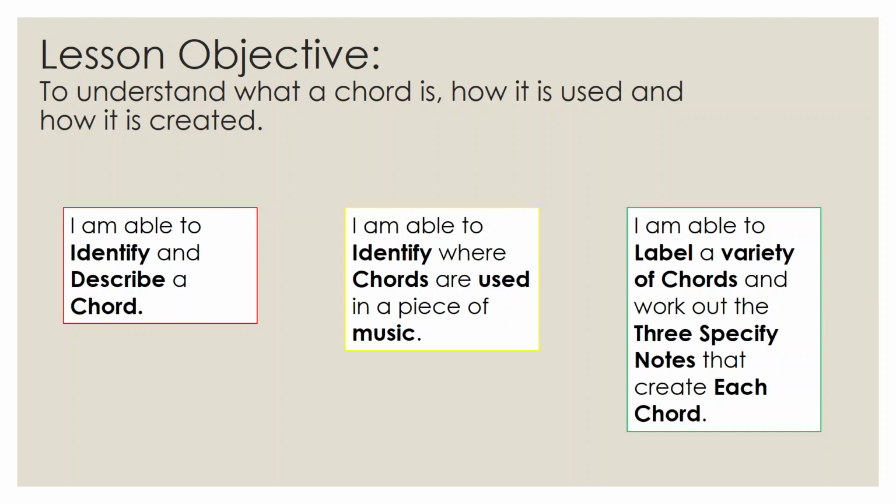And then once you've done that, the green box on the right, you should be able to label a variety of chords and work out the 3 specific notes that create each chord. So we'll get more into that as we get further into the lesson. Sounds confusing, but it's not as confusing as you may think.